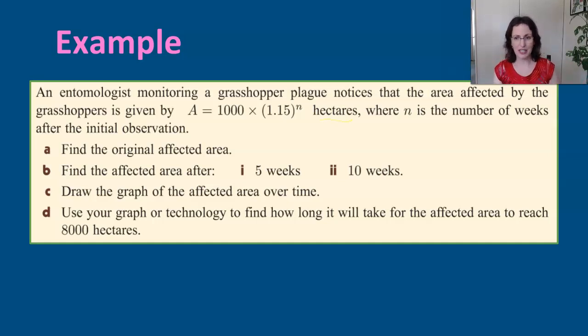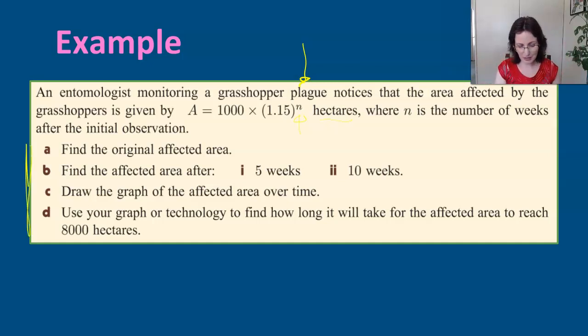And it's given by this equation, where n is the number of weeks after the initial observation. So notice n is in the power instead of an x, and it's that number of weeks after they first observed how many grasshoppers are there. So what are we expecting to happen? This is a growth video, so the numbers of grasshoppers are going to grow, increase.